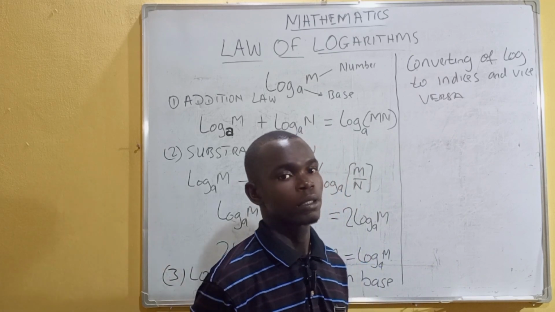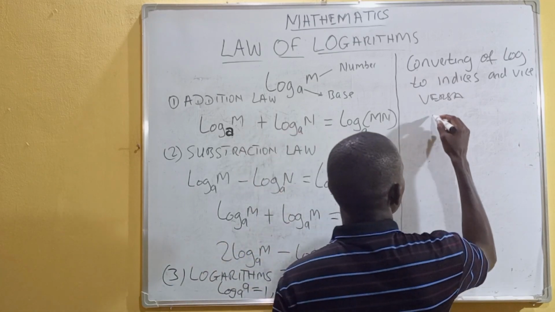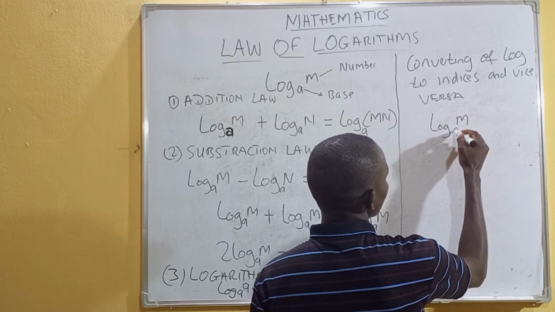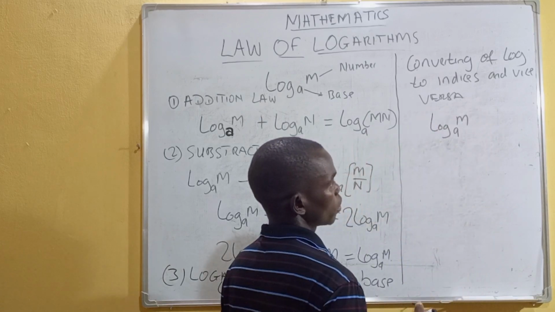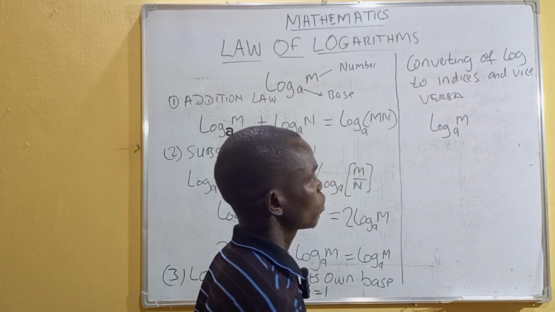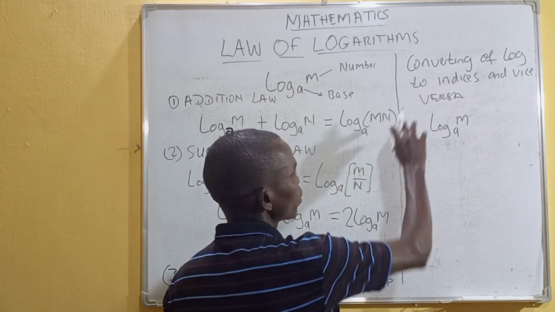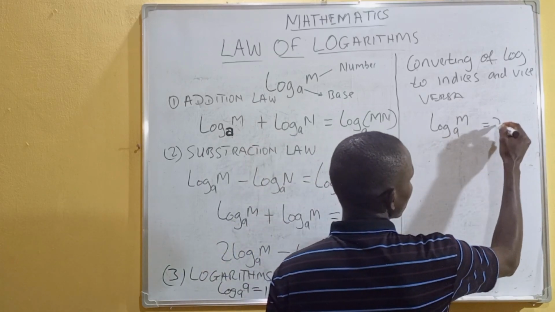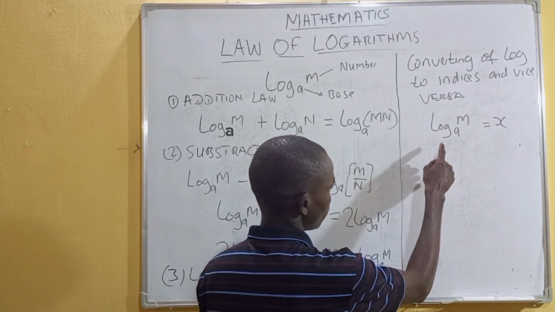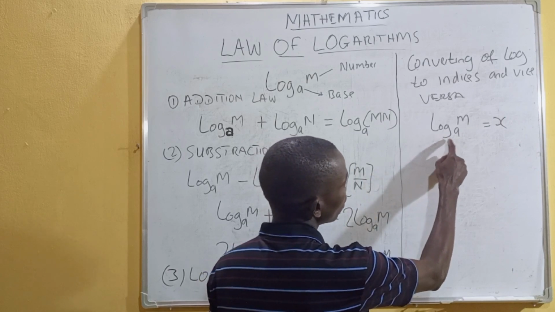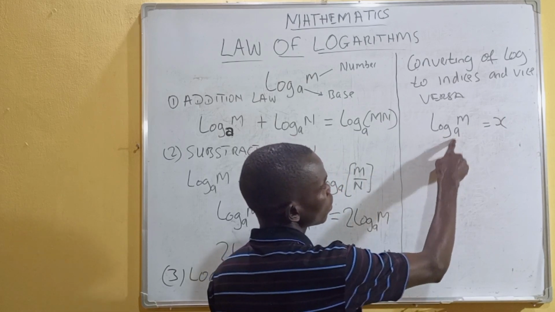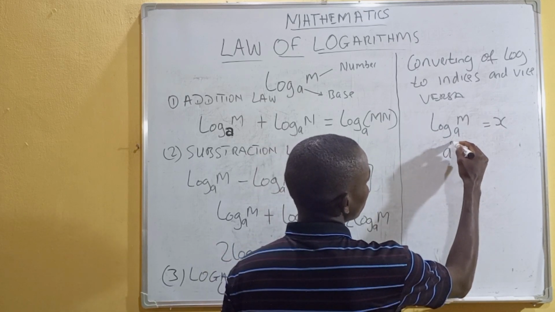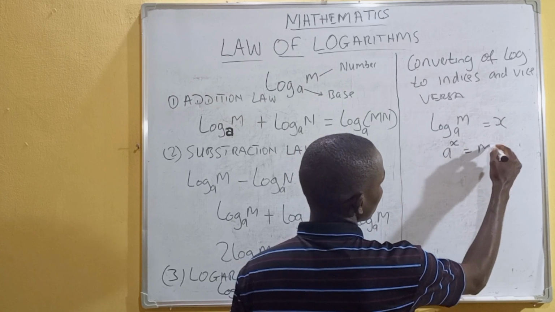If we have log of n with a base e, this can be converted to indices by equating this log to a new parameter, let's say equals to s. To remove this log, we transfer this base to raise s. This will now be e to the power s equals n.